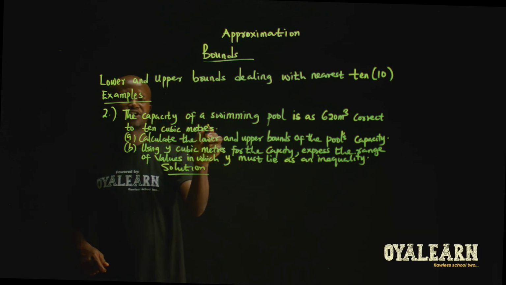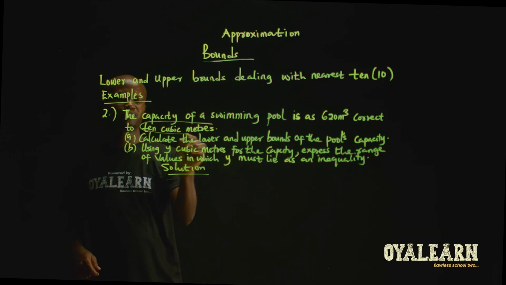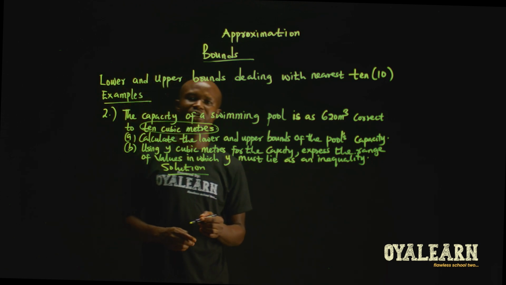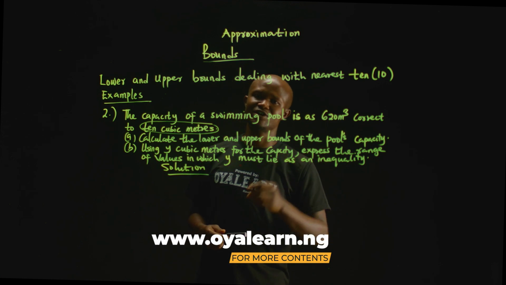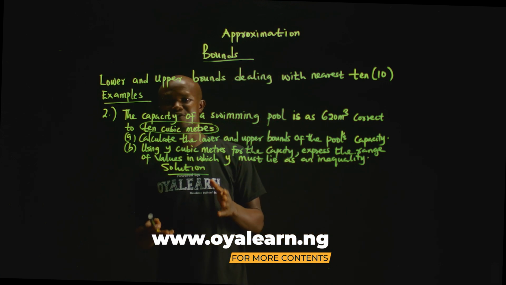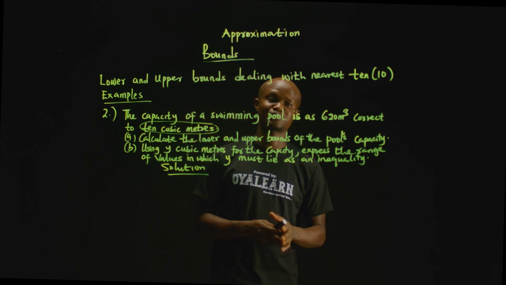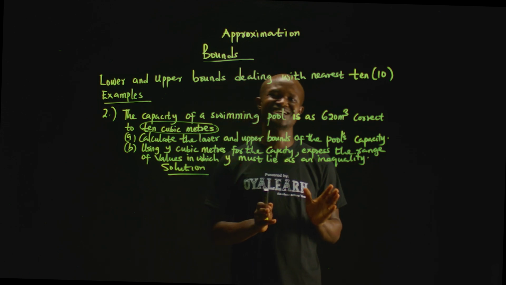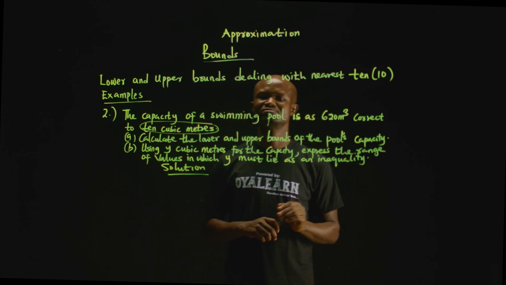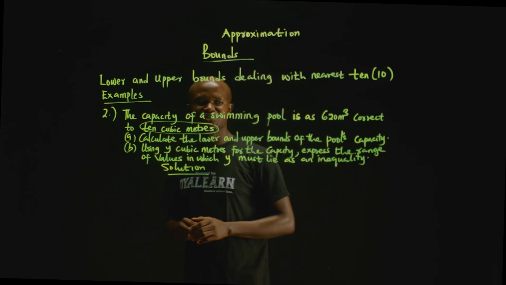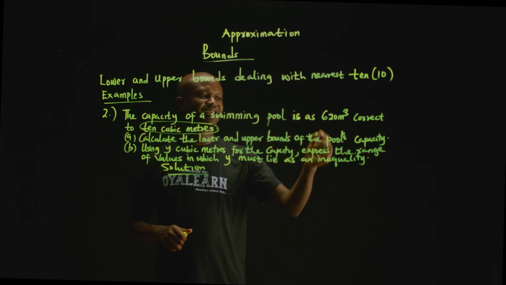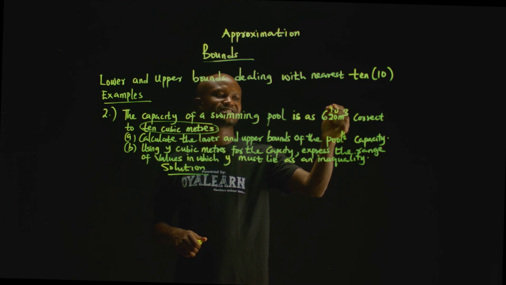This phrase is very important: 10 cubic meters. It means that 620 is a number that is already expressed to the nearest 10. That is just a simple piece of information. Now, 620, nearest 10, so the unit here is 10.